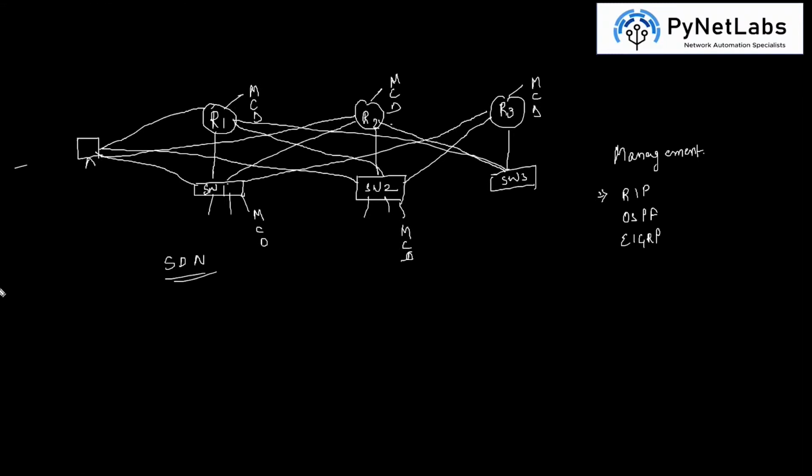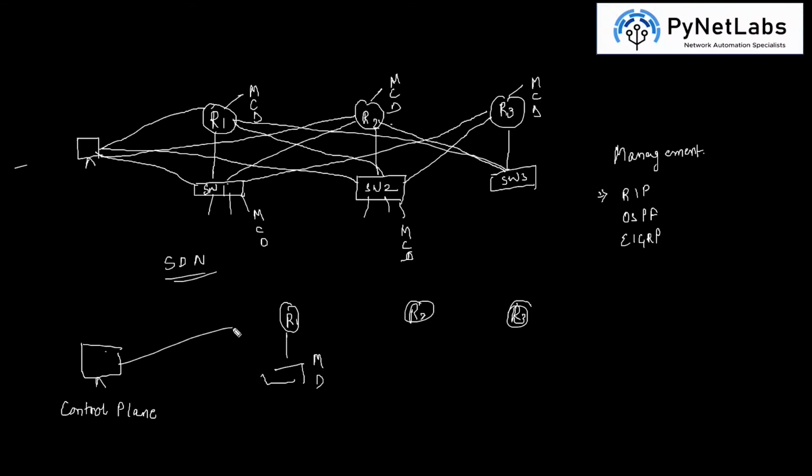Now what SDN helps you do is give the control plane to the management PC. So now these devices, router 1, router 2, router 3 and the switches connected to them, are left with the management and data plane only.